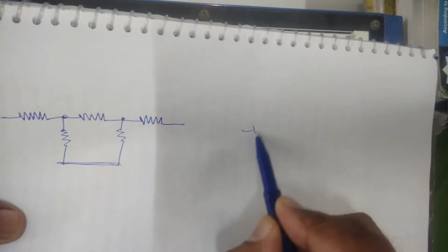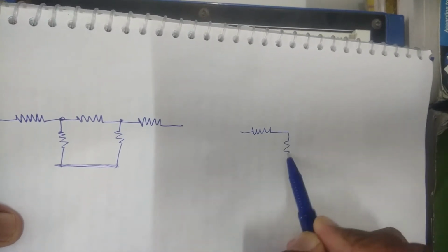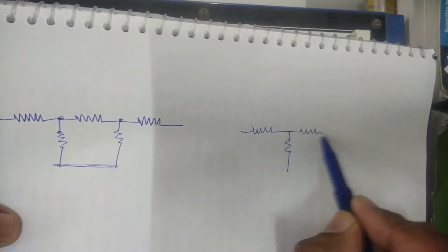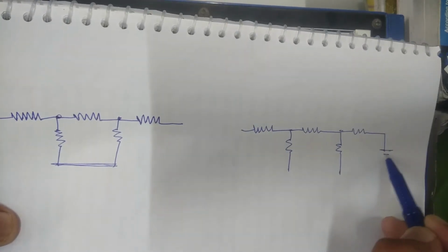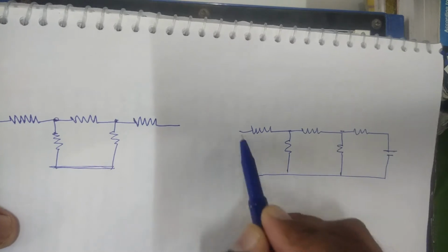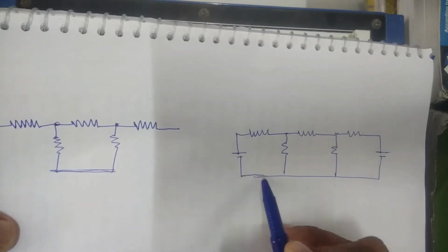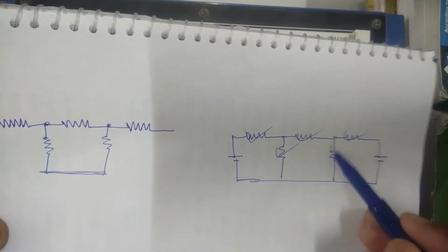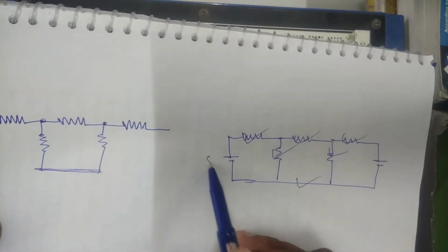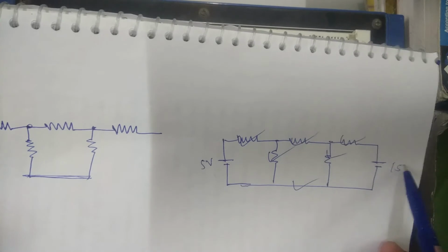Now what was our main circuit? Our main circuit was like this. We have done this and this. Now we have to connect 5 volt and 15 volt.